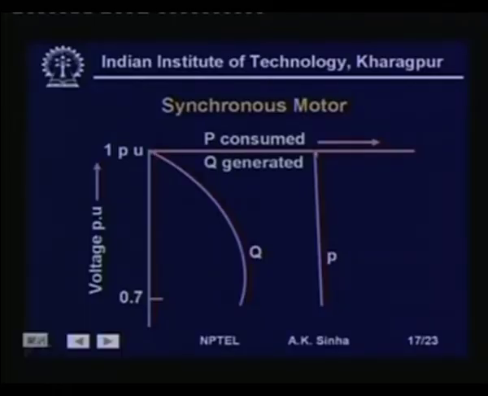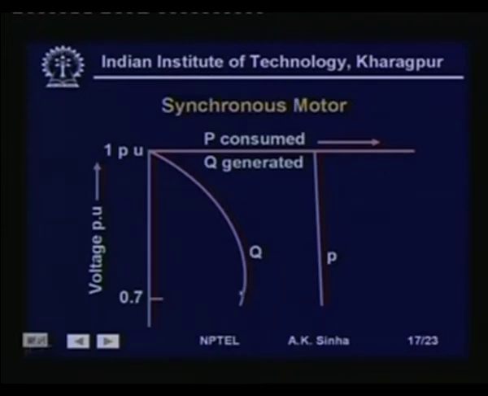So, synchronous machine characteristics as the voltage changes can also be shown. Here we see that with change in voltage, the change in power is hardly there, whereas the change in reactive power is considerable, because as the voltage reduces, the reactive power generated by this synchronous generator, by fixing its excitation to keep the E dash constant, is going to be much larger.